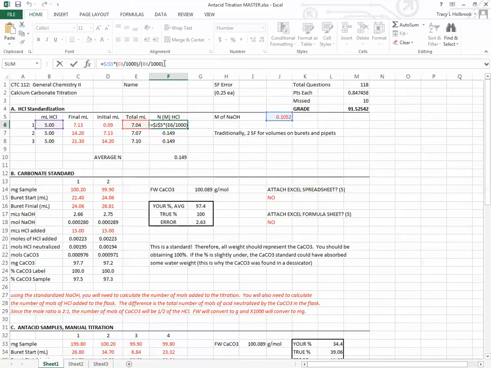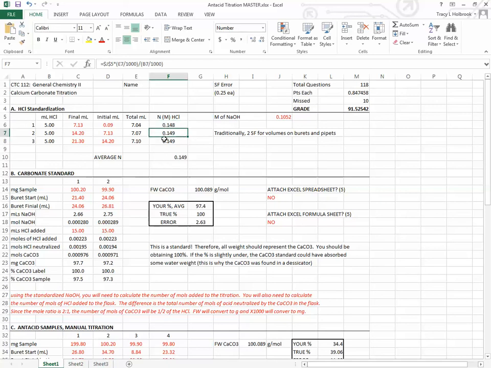So if you look at the cells up here at the top, I'm going to take J5, which is the molarity of NaOH, and multiply by E6 divided by 1,000. That's my total milliliters that it took, divided by B6 divided by 1,000, which is the milliliters of hydrochloric acid that it took. You can enter in this calculation any way you see fit. It doesn't really matter. As long as you have something that works on your end, you're more than welcome to do that.